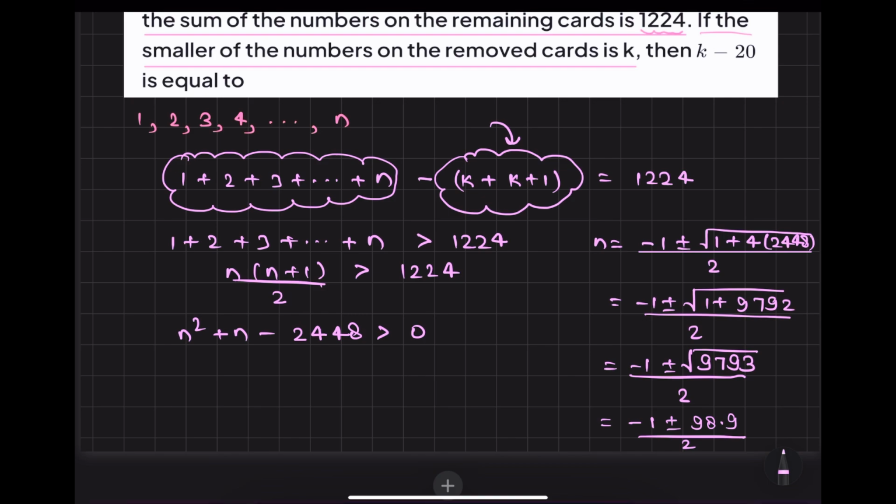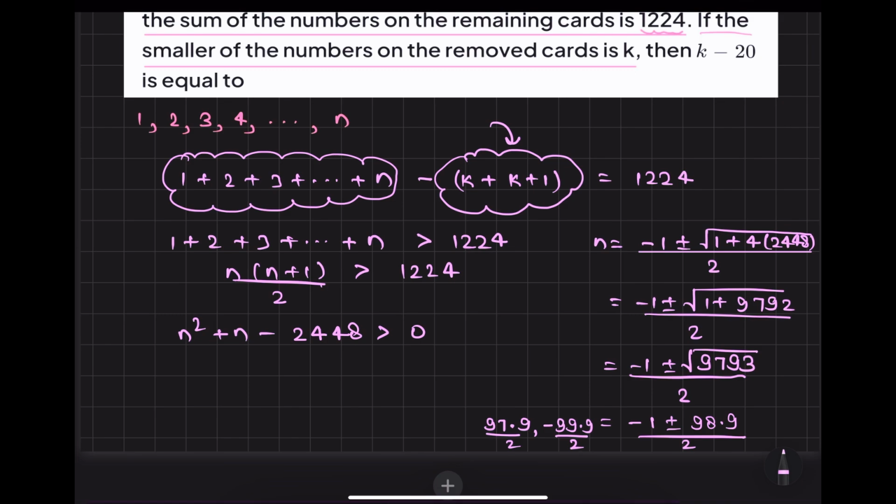So can I write this thing as, if I take plus 1, it will become 97.9, and if I go with minus 1, it will become minus 99.9, by 2.